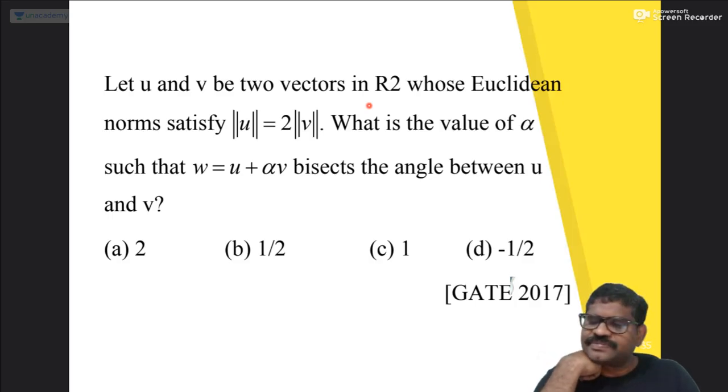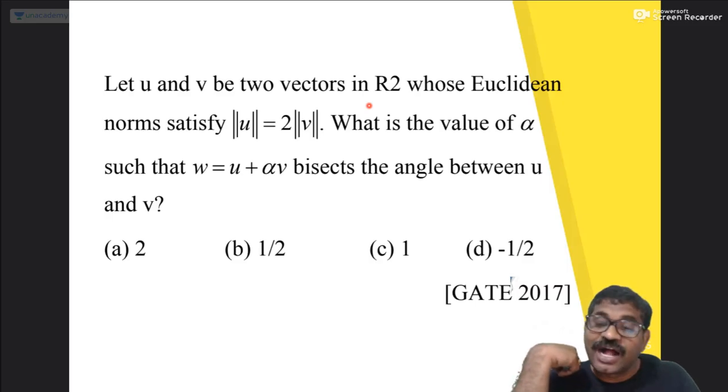Let U and V be 2 vectors in R square, whose Euclidean norms satisfy norm U equal to 2 times norm V. Don't worry about norm. Norm is nothing but length.